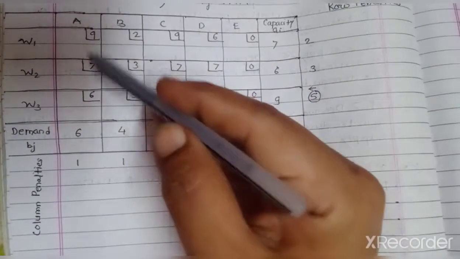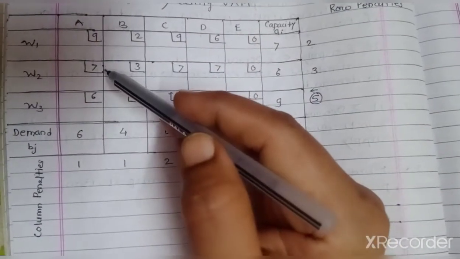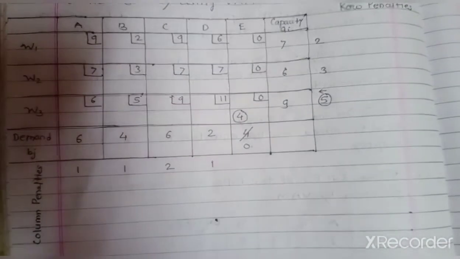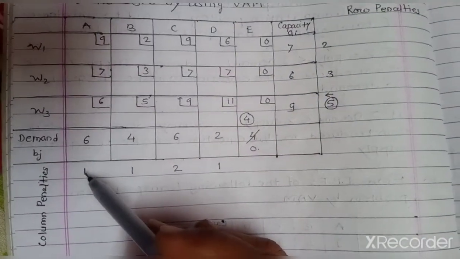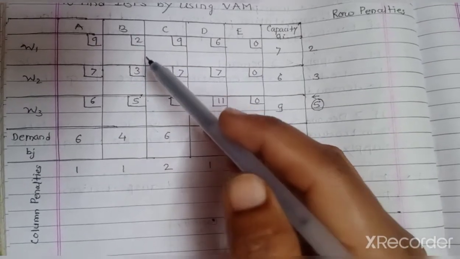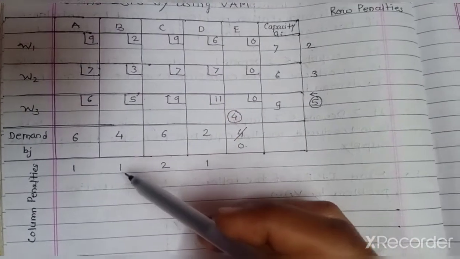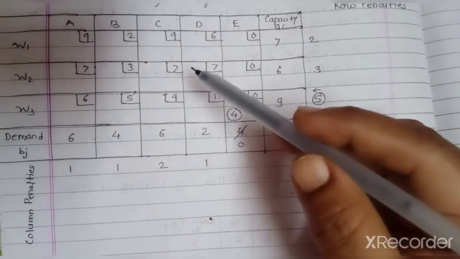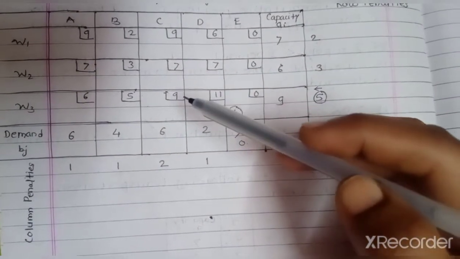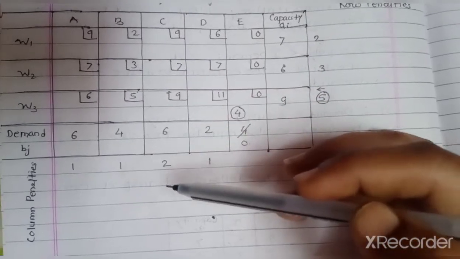The same procedure we follow for the columns also. In column A, the minimum cost is 6, the next minimum cost is 7, and the difference between them is 1. In column B, the minimum cost is 2, the next minimum cost is 3, the difference between them is 1. In column C, the minimum cost is 7, the next minimum cost is 9, the difference between them is 2.